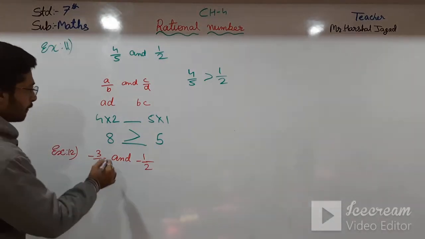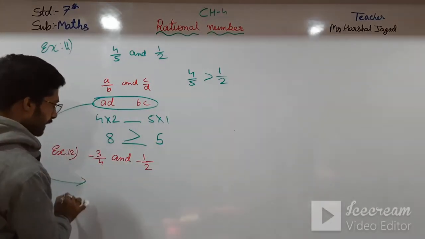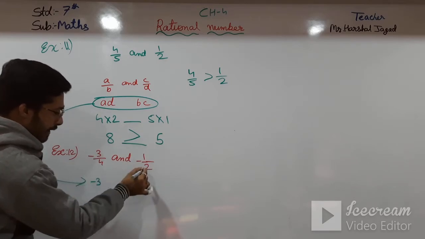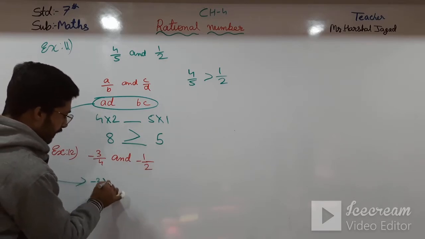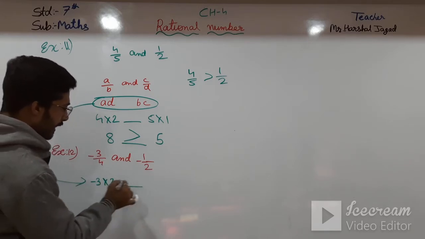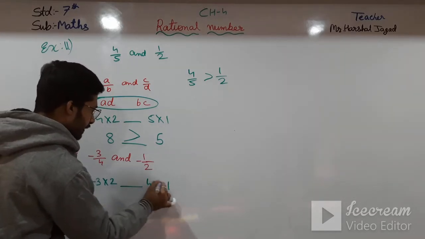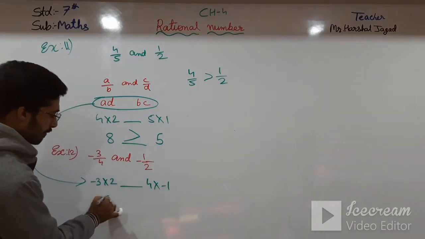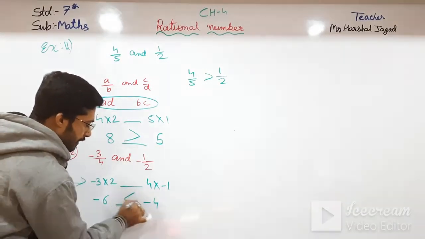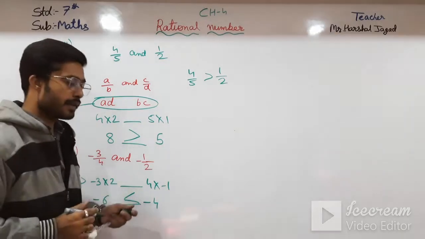We have to multiply AD, where A is minus 3 and D is 2, and B into C, so 4 into minus 1. 3 twos are 6, so minus 6 and minus 4. So this one is greater. Okay students, this one is greater.